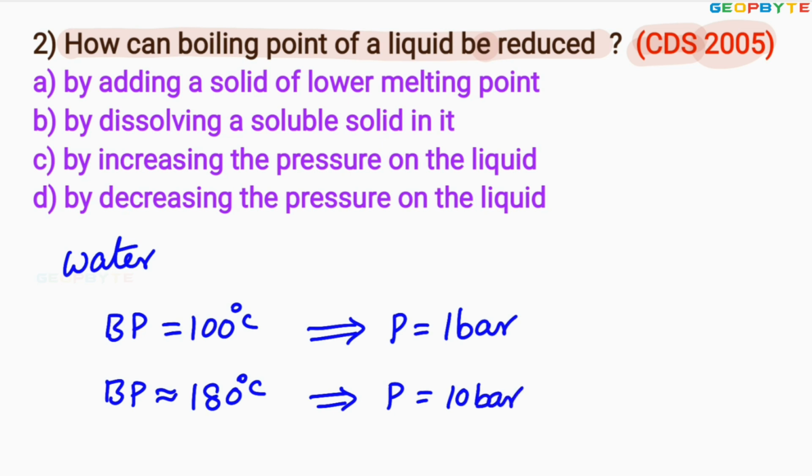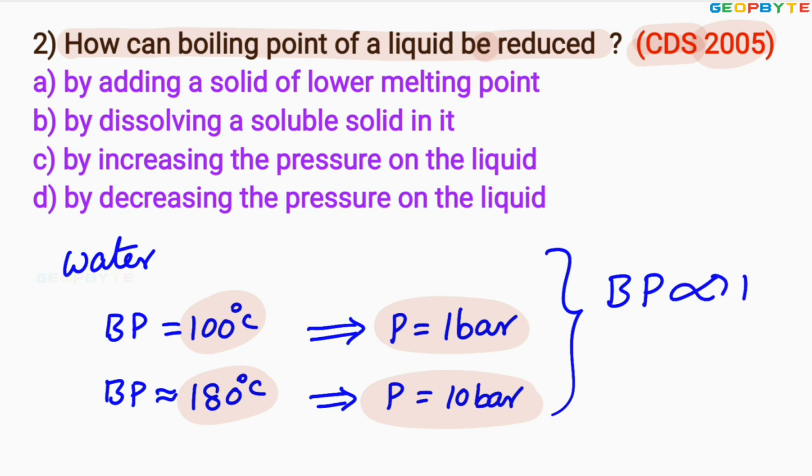Look at the boiling point corresponding to 1 bar pressure is 100 degrees centigrade and corresponding to 10 bar the boiling point is 180 degrees centigrade. From that I can conclude that the boiling point of any liquid is directly proportional to its surrounding pressure.